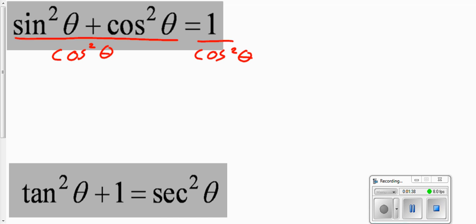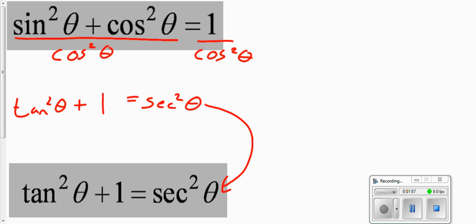Sine squared theta over cosine squared theta, well, that's tangent squared theta. Cosine squared over cosine squared is 1. And 1 over cosine squared is the reciprocal, secant squared theta. So that's how we can get our second Pythagorean identity.